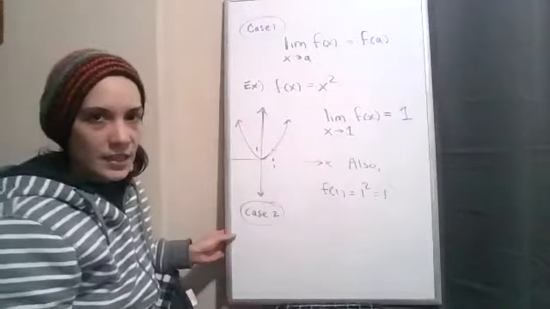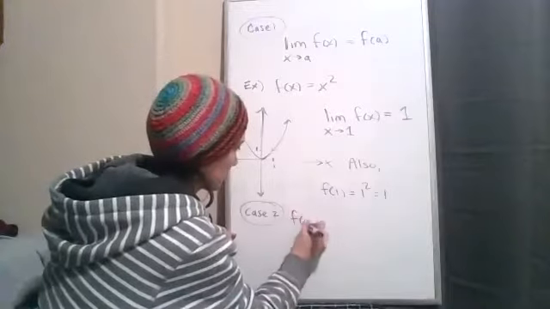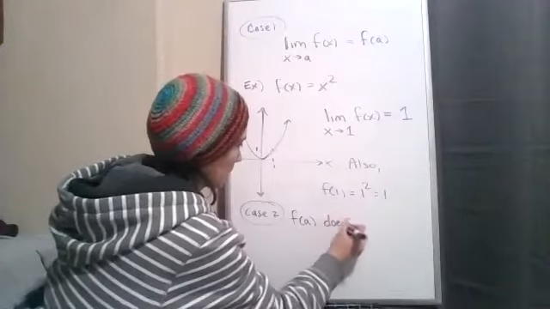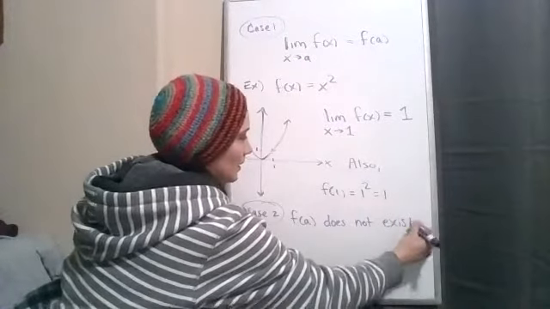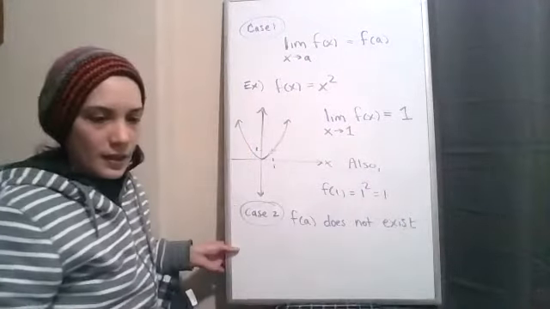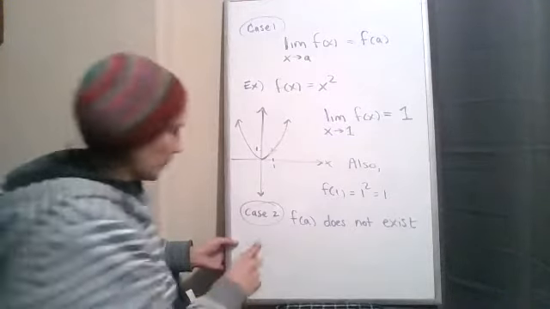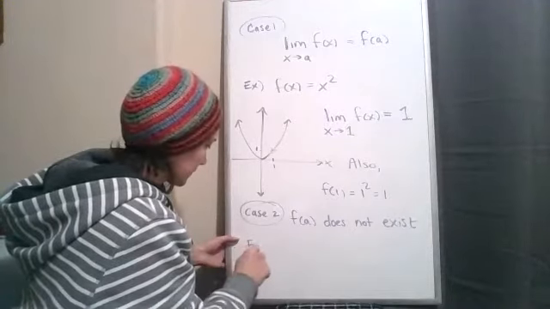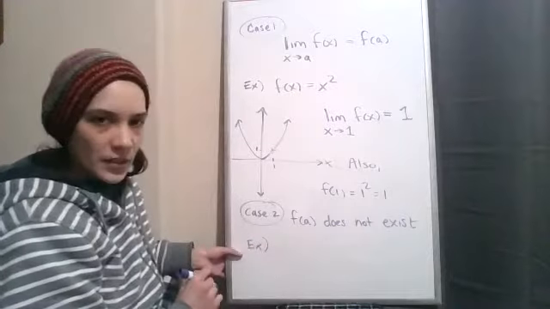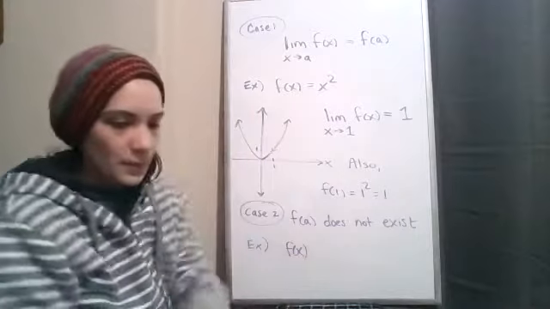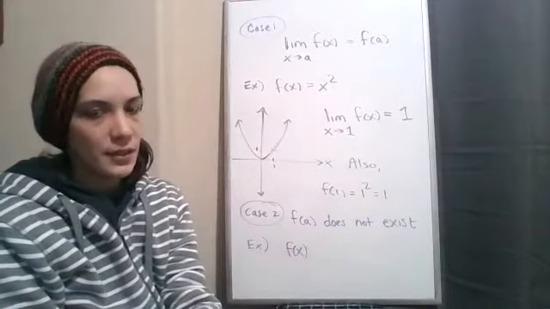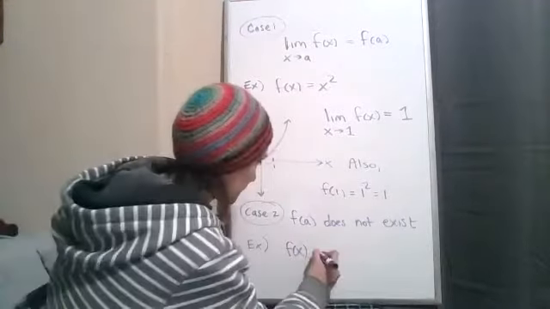f of a does not exist. So for my example, the function is f of x equal to x squared minus 1 over x minus 1.